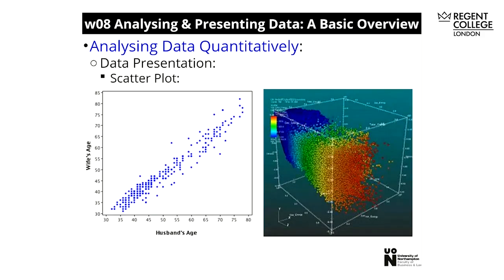You're looking at a scatter plot here, and it can be multi-dimensional. It can be 2 variables. On the vertical axis we have wife's age, and on the horizontal axis we have husband's age. I don't even need to come close to read it.